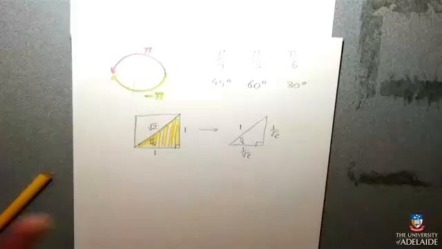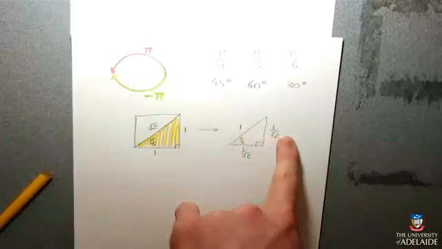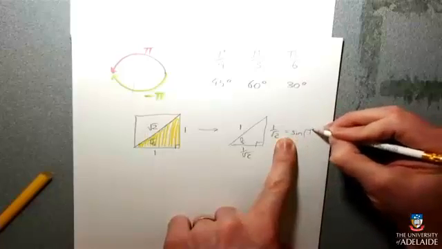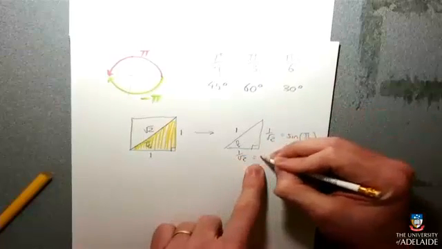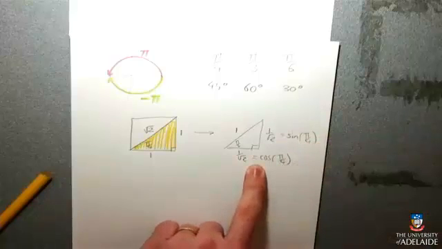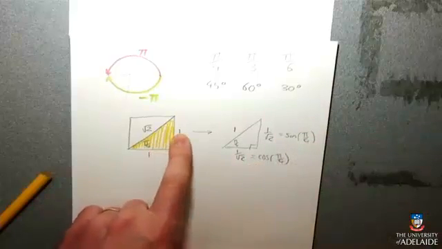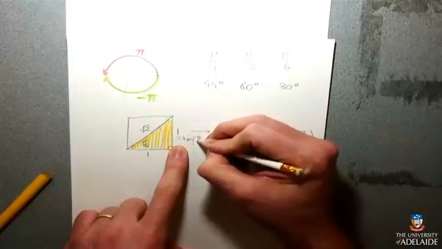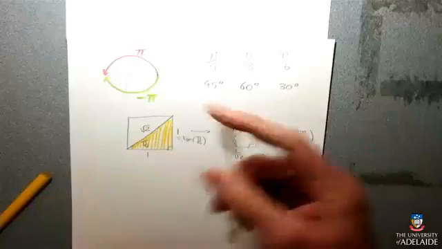In which case, we know that when this is 1, that's sine theta over here. And that's cos theta down here. And when this is 1, that's tan theta there. So that's one way of thinking about it.